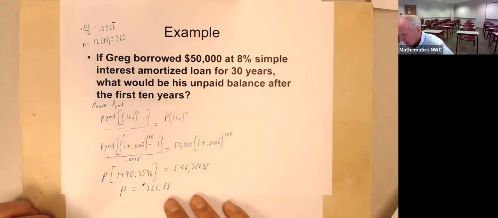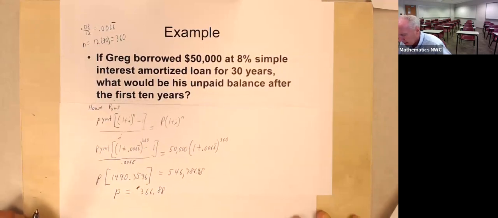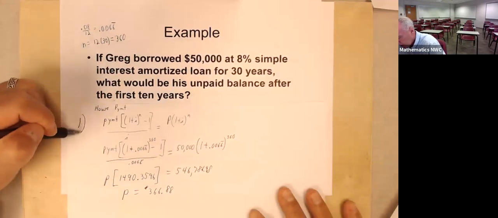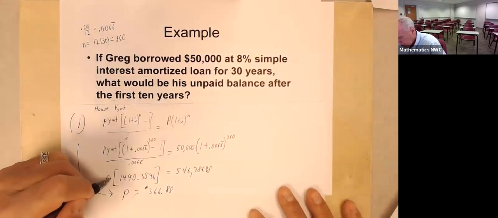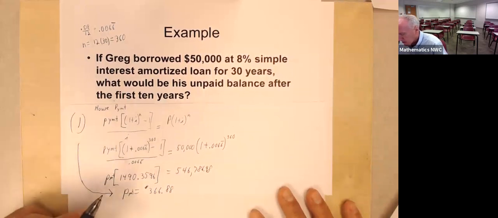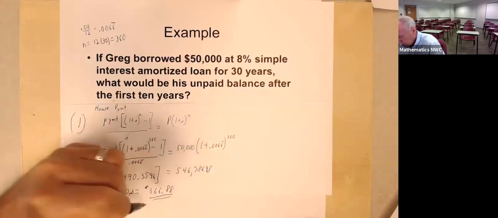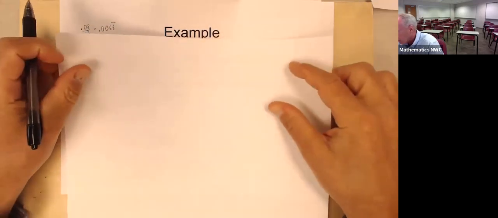Try to remember those numbers now, because now we're going to find the unpaid balance. Notice to find the unpaid balance, our first step was to find our house payment: $366.88. Then we're going to go to our unpaid balance formula.